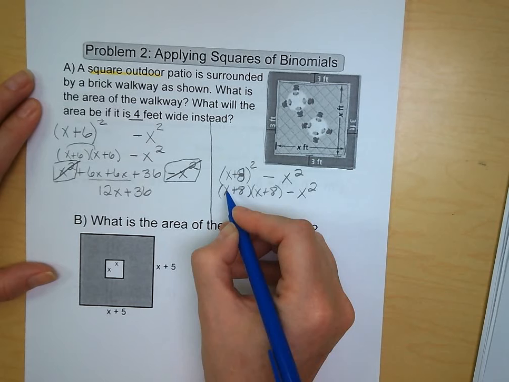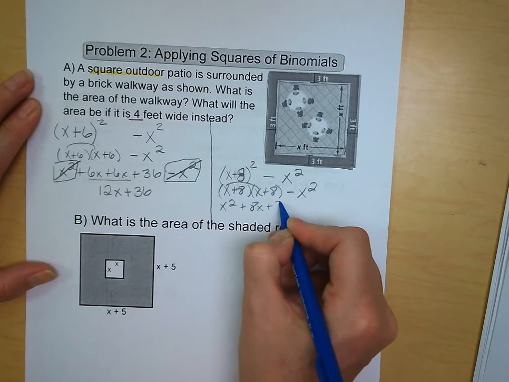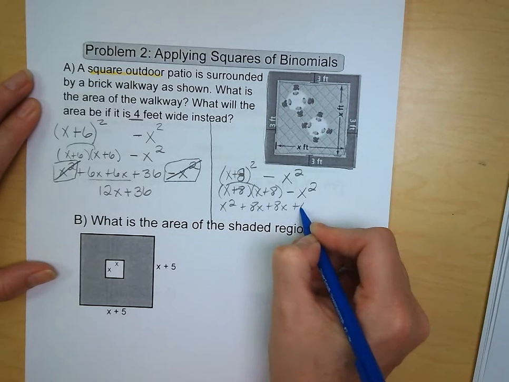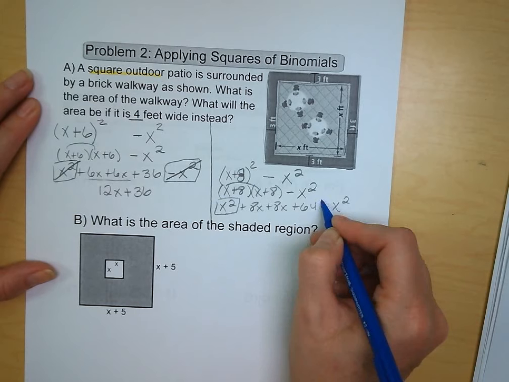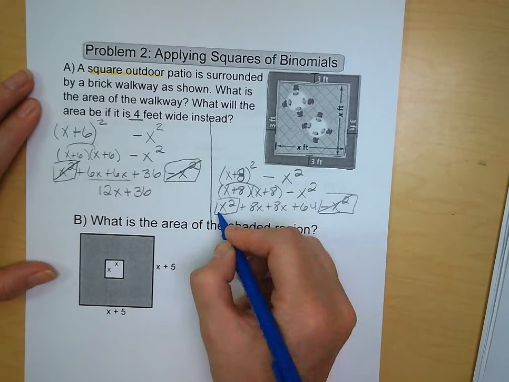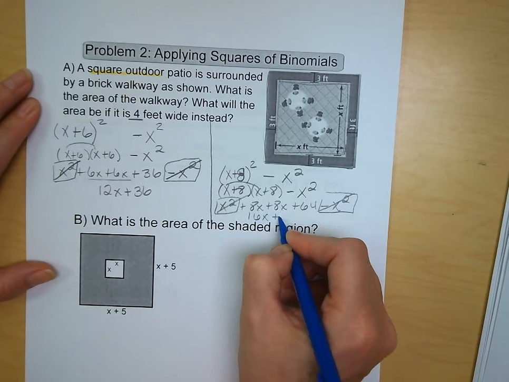So we distribute: x squared plus 8x plus 8x plus 64 minus x squared. We combine our like terms. Again, x squared and minus x squared cancel out. And 8x plus 8x is 16x plus 64.